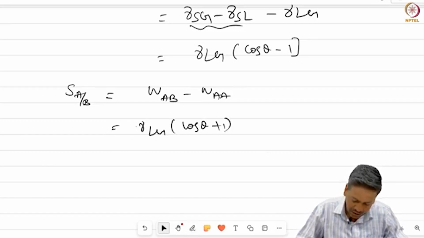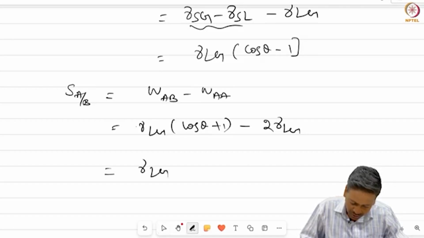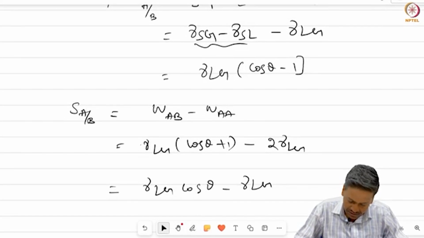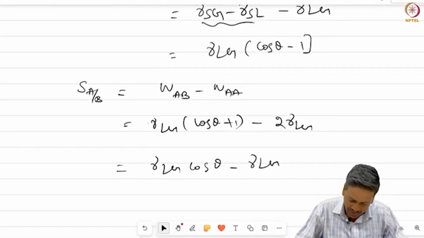If I write minus 2 gamma LG, in this way I will get an equation same as the spreading equation, right? Gamma LG cos theta minus gamma LG. If you compare this equation and this equation, both are the same.